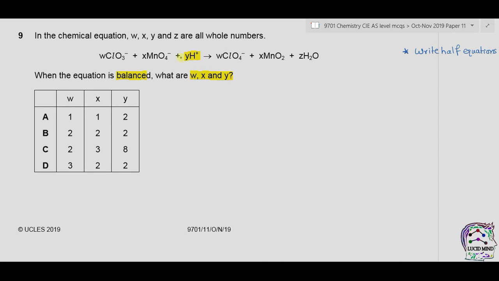For this step, we have to find out the oxidation states. Let's find out the oxidation state of Cl, Mn in the equation. So we have ClO3 negative, MnO4 negative, ClO4 negative, and MnO2 neutral.